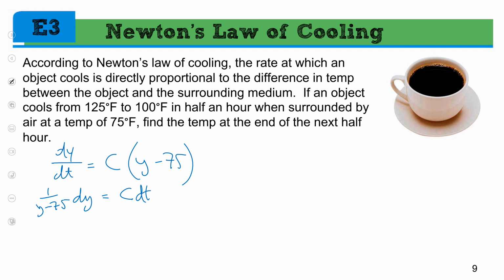Again, remember, just because you see 1 over something and you take the integral of it, it doesn't mean it's just the natural log of that. It's actually supposed to be done as a u du problem. And now that I've said that, I'm going to end up contradicting myself. Because when I do a u du problem, it does just turn out to be the natural log of y minus 75, because the derivative of y minus 75 is 1.